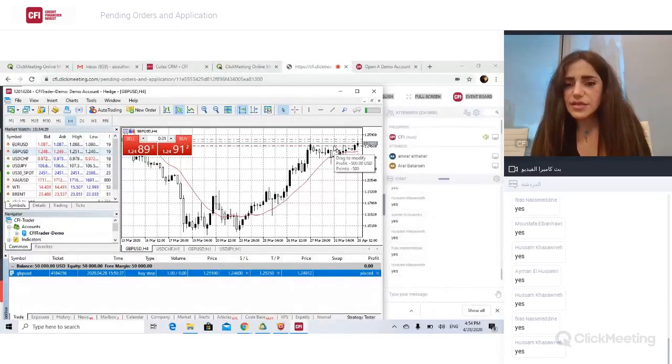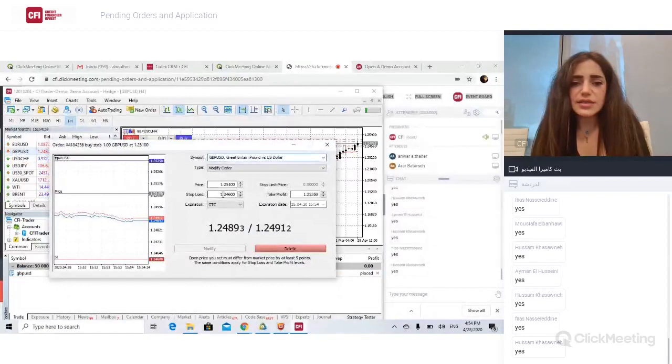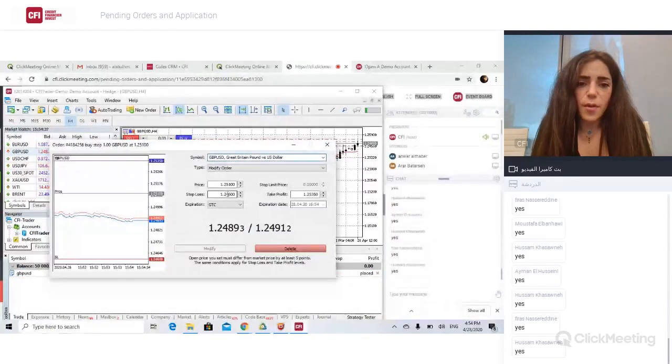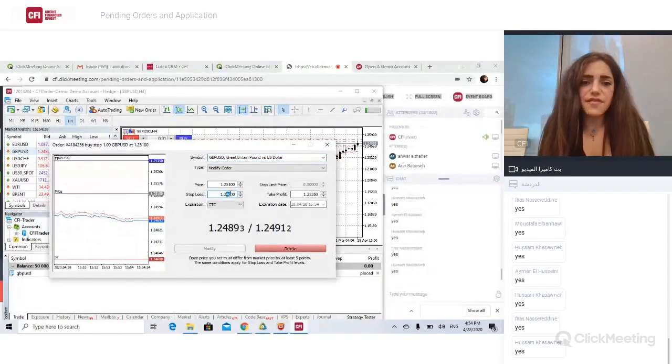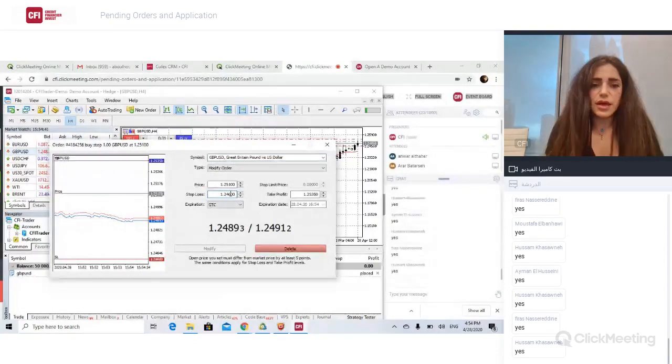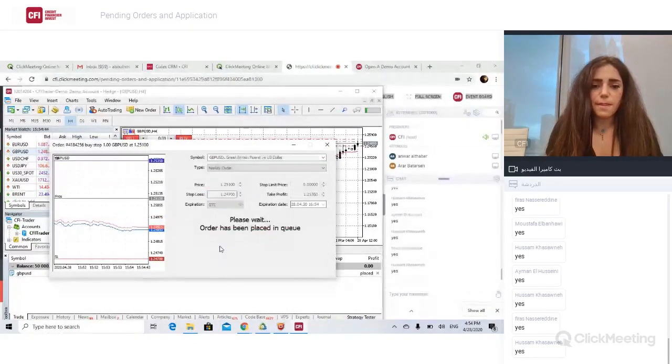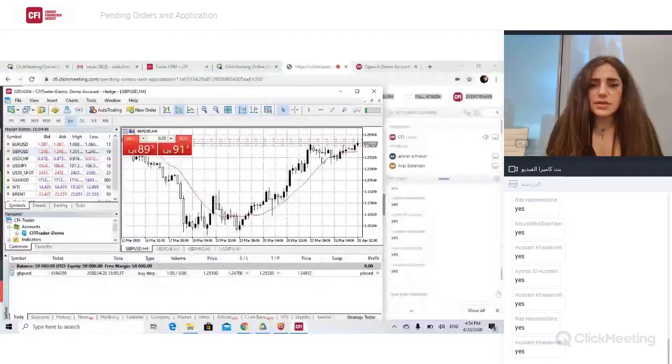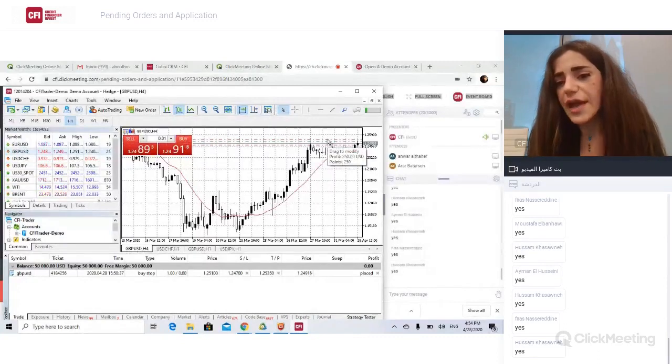It's still 500. I can still modify my position if you want to make your losses less than that, 1.2470, for instance. Okay, so that's modify. So this is a $400 loss and a $250 gain.